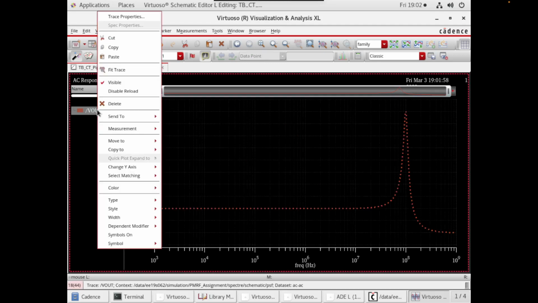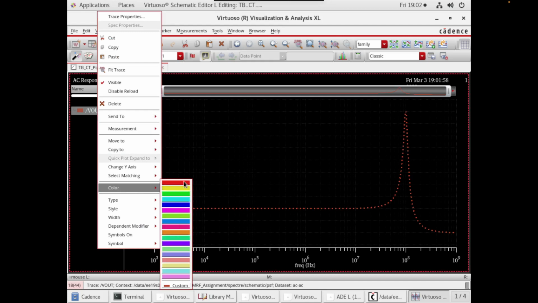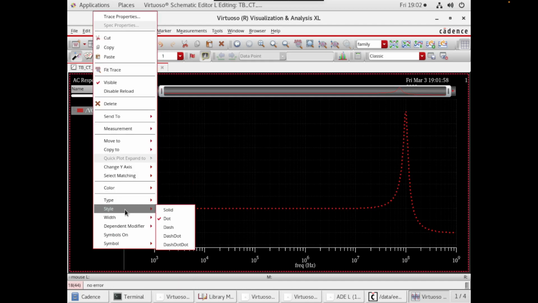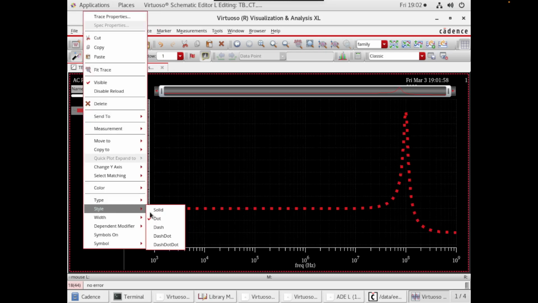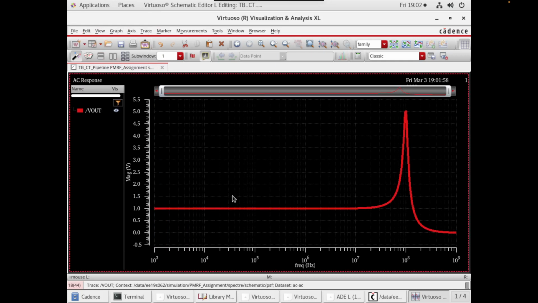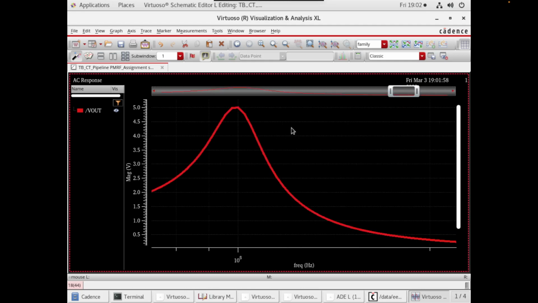I hope you can see it. I will make it a little wider so that it's clearly visible. So this is the magnitude response that we are getting. The DC gain is 1, so that we intended for, and at 100 megahertz we have gain of 5 that is equal to Q. So we intended for quality factor of 5, and that we are getting over here. So this is basically what we wanted, and we got when the bandwidth is infinite.